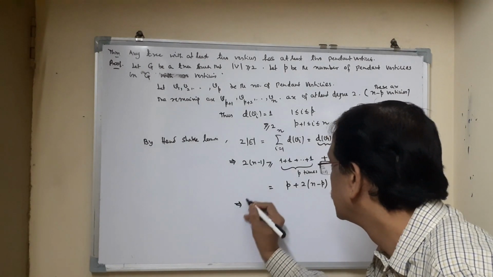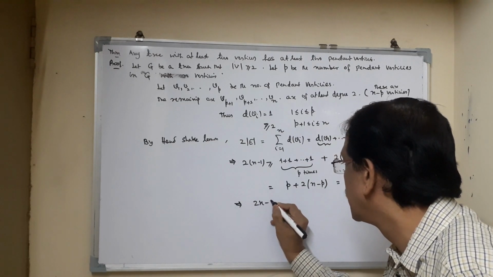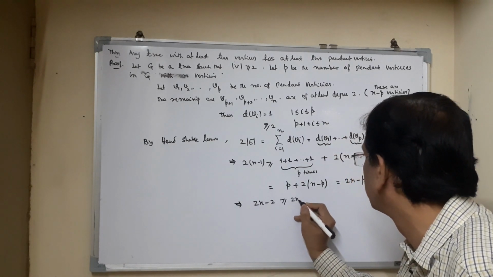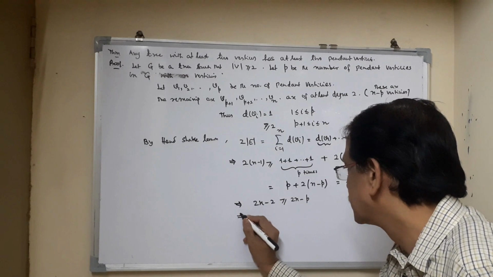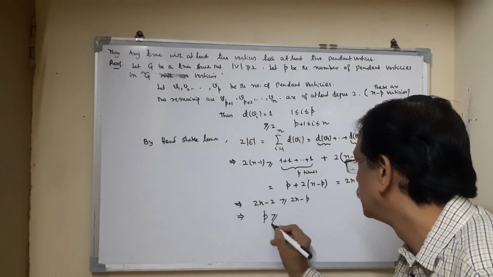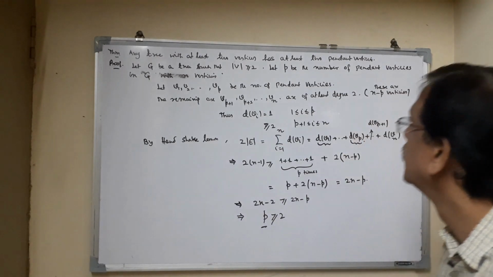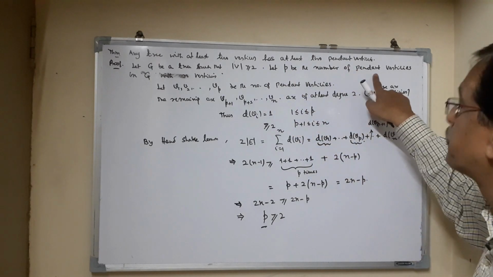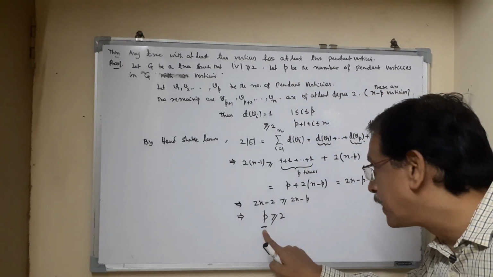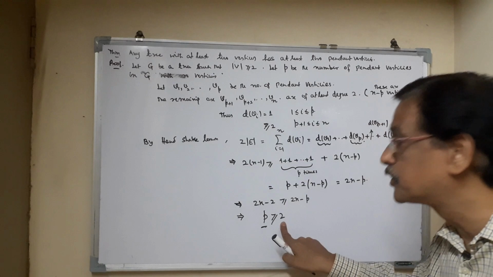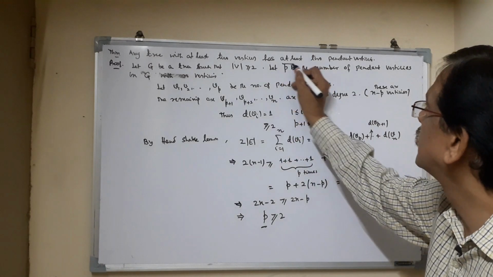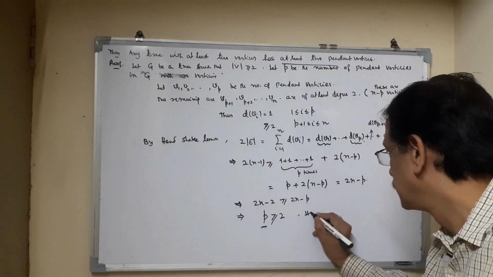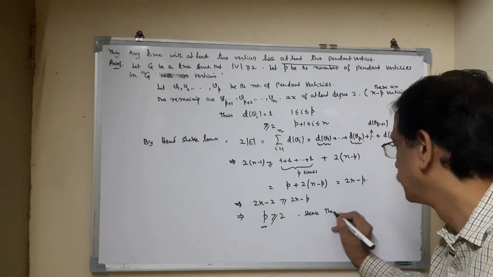This implies 2n minus 2 is greater than or equal to 2n minus P. This implies P is greater than or equal to 2. What is P? P is the number of pendant vertices. How many pendant vertices are there? At least 2. Hence the theorem.